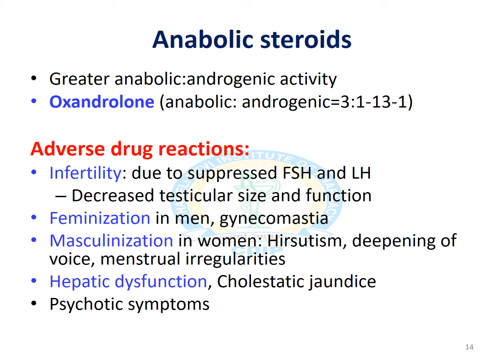Then feminization in men, like the development of breasts, known as gynecomastia, and masculinization in women like hirsutism, unwanted hair growth, deepening of voice, and menstrual irregularities. Then hepatic dysfunction like jaundice and some central nervous system symptoms.